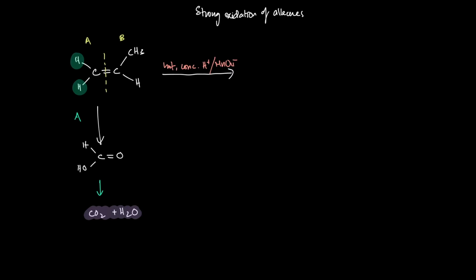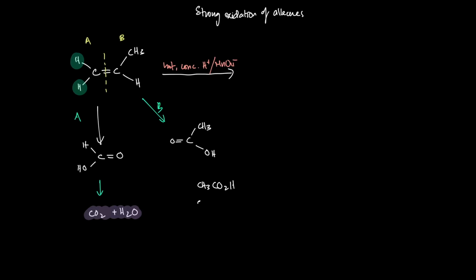On the other hand, if you looked at B over here, okay, what ends up happening is this. Again, this carbon where it was double bonded, you end up getting a double bond O. This CH3, okay, and the H ends up becoming an OH. And what do you end up making here? This is CH3CO2H, right?